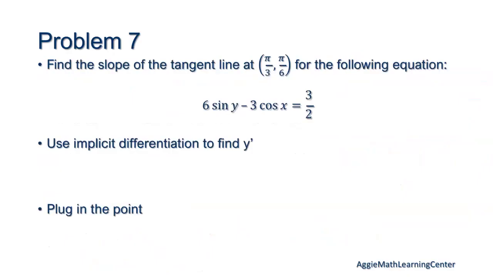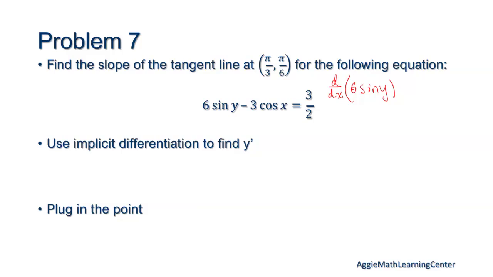Alrighty, so for this one, we have to find the slope of the tangent line at that point for the following equation. Okay, so we're gonna take this one step at a time. I'm gonna derive each part of this. So let's just do 6 sine y first.